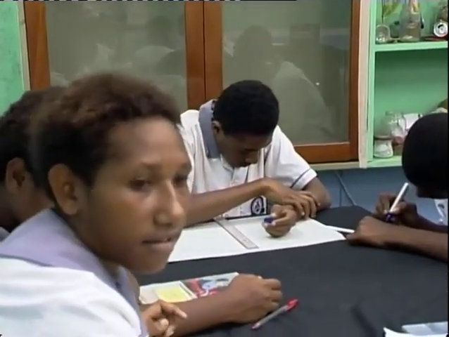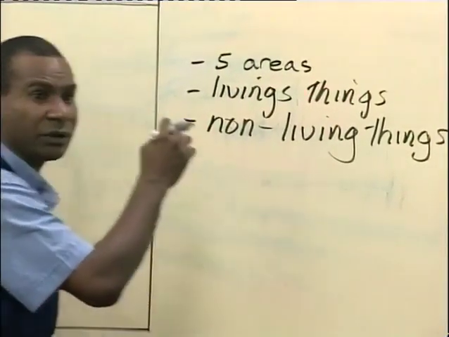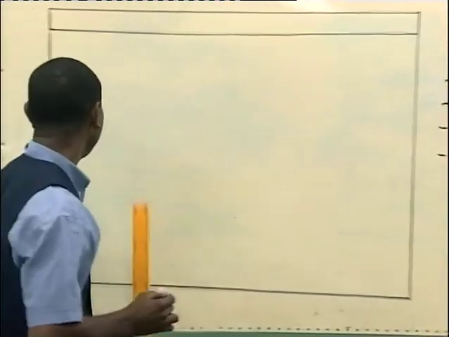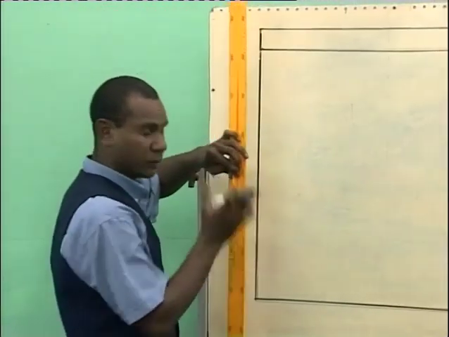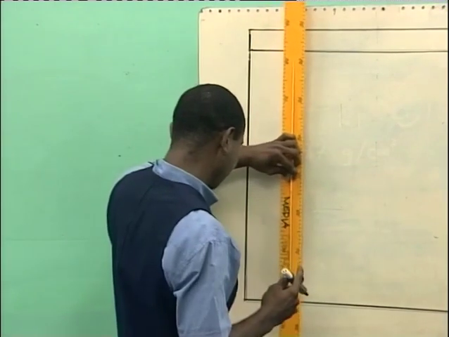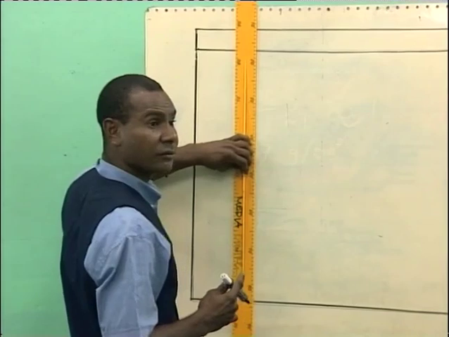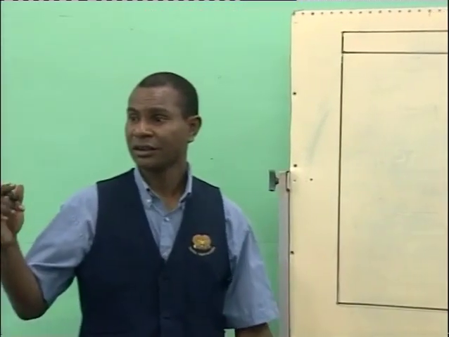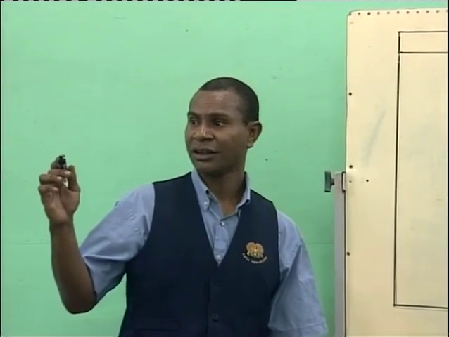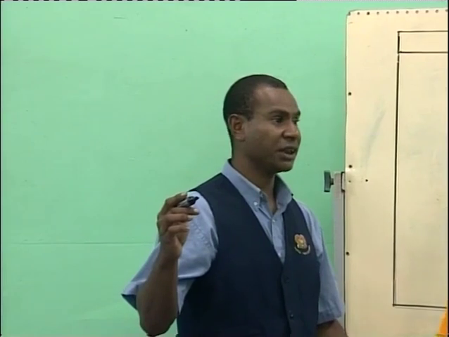Okay, we found living things, different living things, types of plants and types of animals. All right, so what are we going to do in a table? What do you think we'll do in a table? What's the first thing that we'll do? List. Let's fill up our table with the information that you've collected.